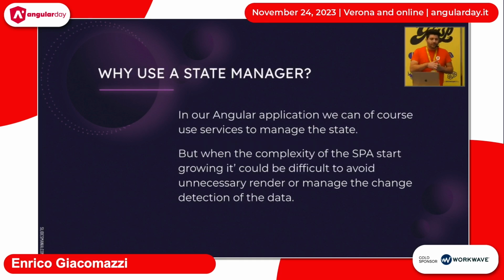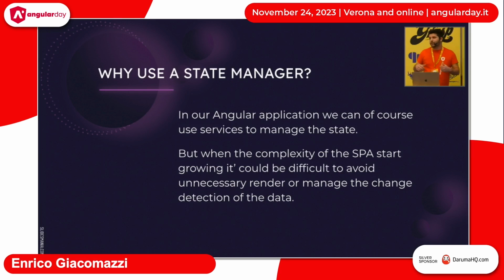Why do we maybe need to use a state manager inside our Angular application? Well, basically, we could use services right now, signals and stuff like that, to manage all of our state.